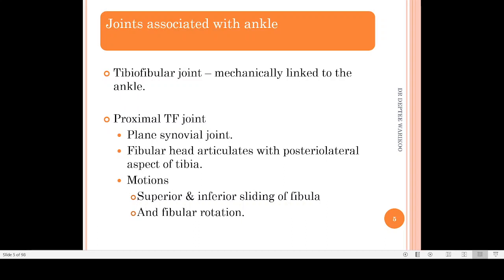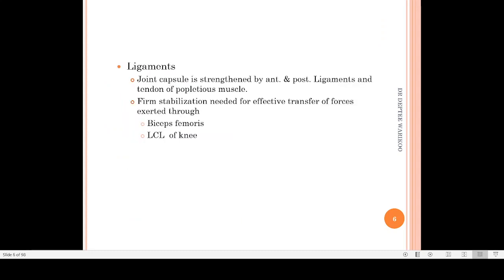The fibula head articulates with posterior lateral aspect of the tibia, and the basic motions over this joint are the superior and inferior sliding of the fibula and the fibular rotations. So the ligaments over this joint are basically the joint capsule, which is strengthened by anterior and posterior ligaments and the tendons of the popliteus muscle.